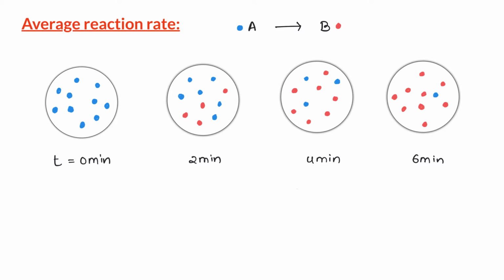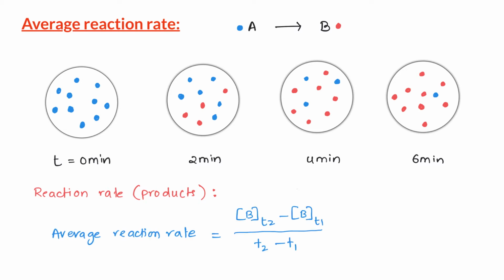First, let us express it in terms of products. The average reaction rate is equal to the concentration of the product at time t2 minus the concentration of the product at time t1 divided by t2 minus t1.